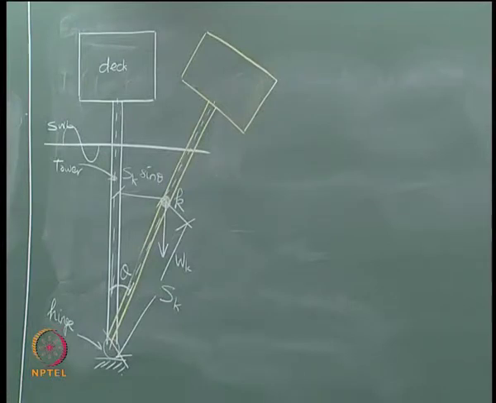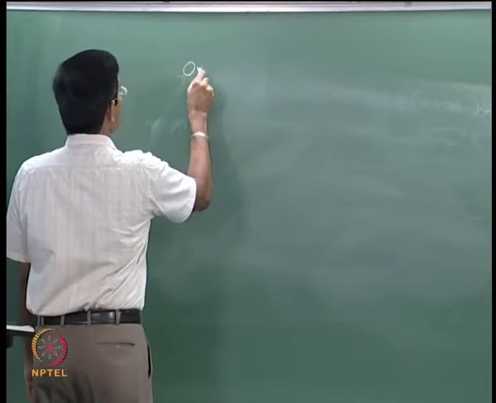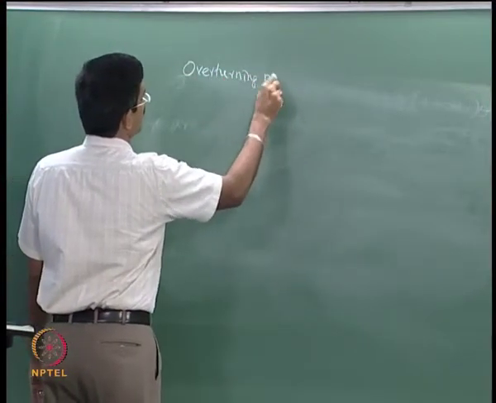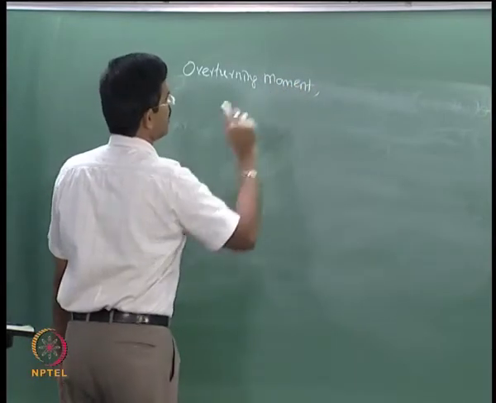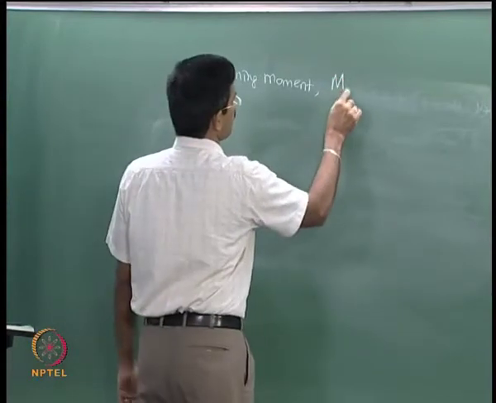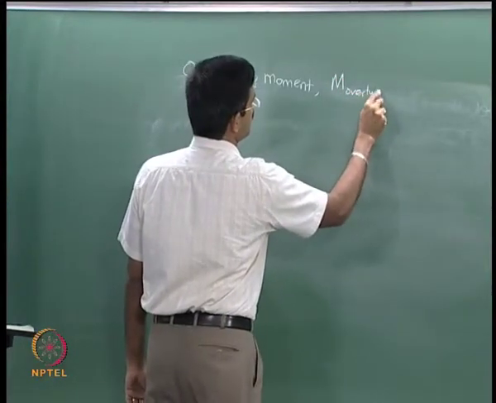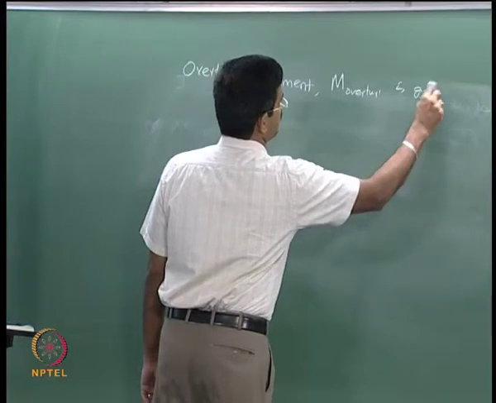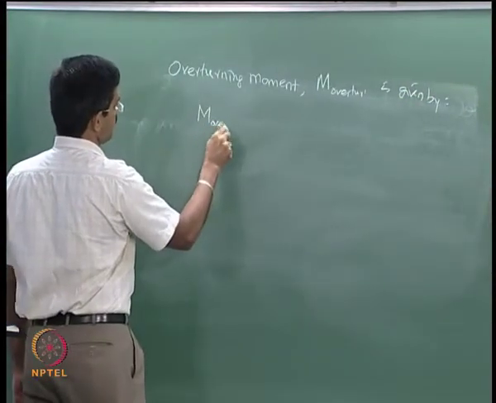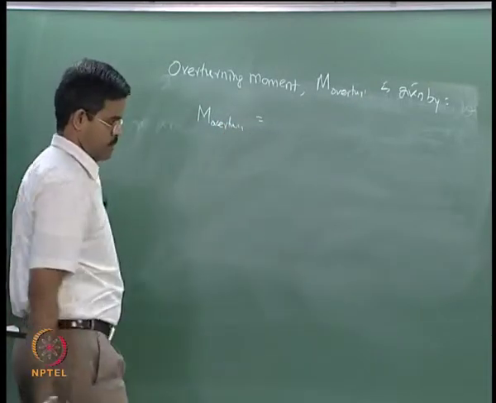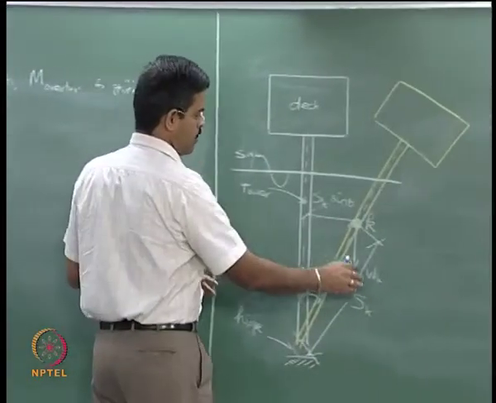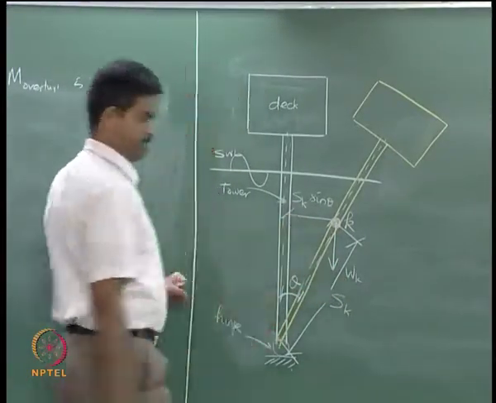So, now from this figure, let us say the overturning moment, which I call as M overturning, is given by, so M overturning, the overturning will be responsible for Wk and this distance about this edge.